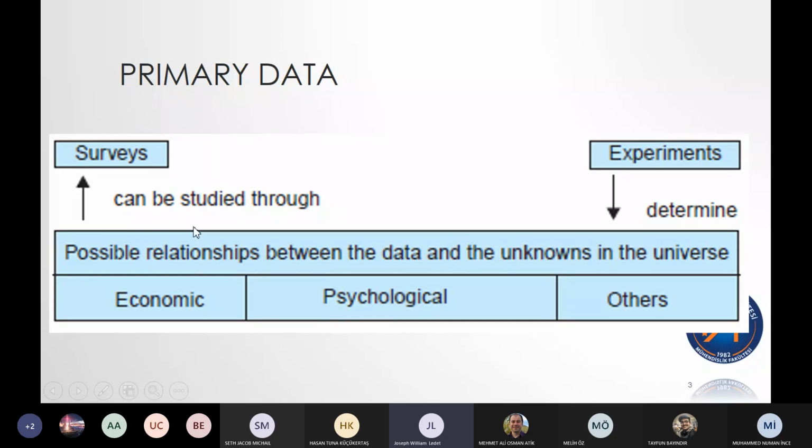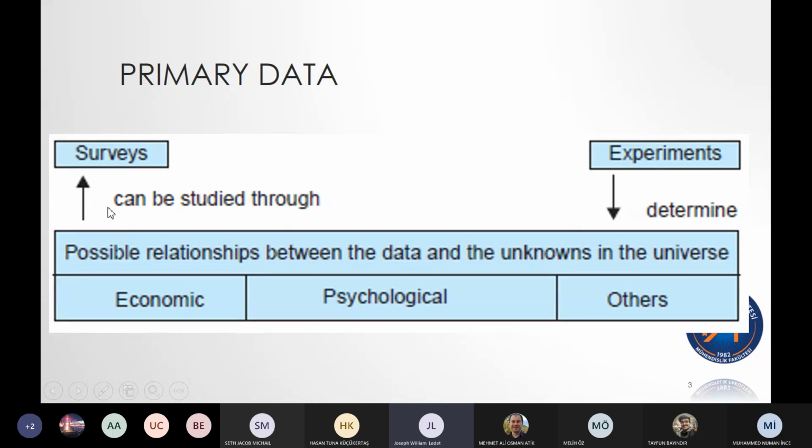Now, of course, surveys would be dependent on the person or group being studied being cooperative with our surveys. But it could be that there's a relationship that exists and we tease that out.